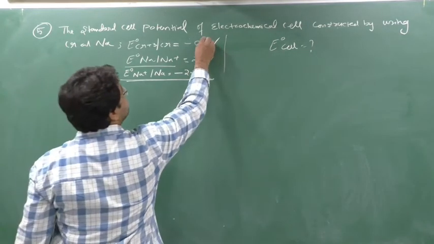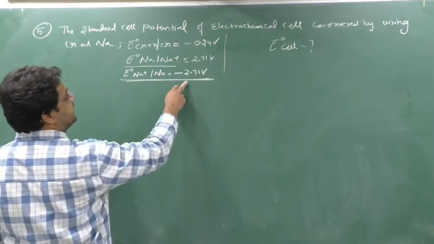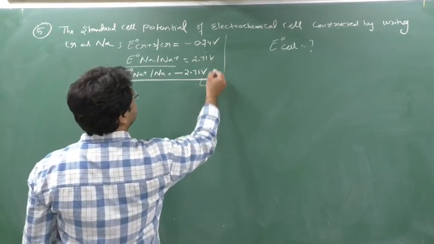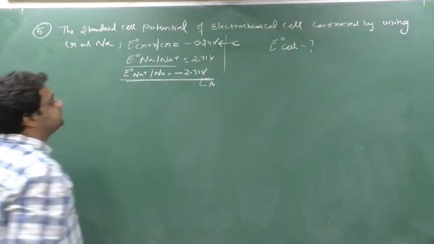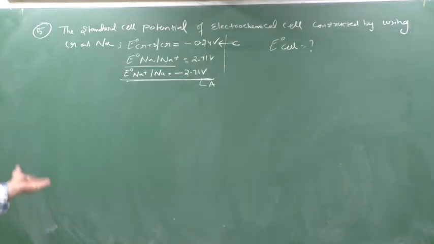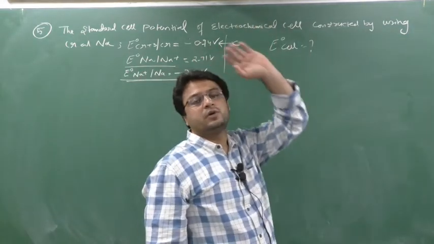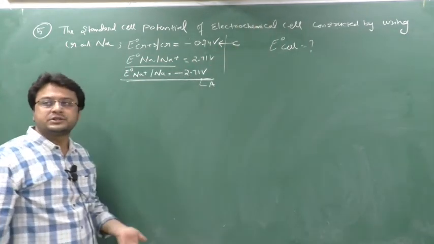Chalo, now we write down the anodic and cathodic portions. They have given minus 0.74 volt here and minus 2.71 volt here. So which is less? Less is sodium. So this is the anode and this will act as the cathode. Clear? The one which is less is the anode, the one which is more is the cathode. At anode, oxidation, loss of electron. At cathode, reduction, gain of electron.